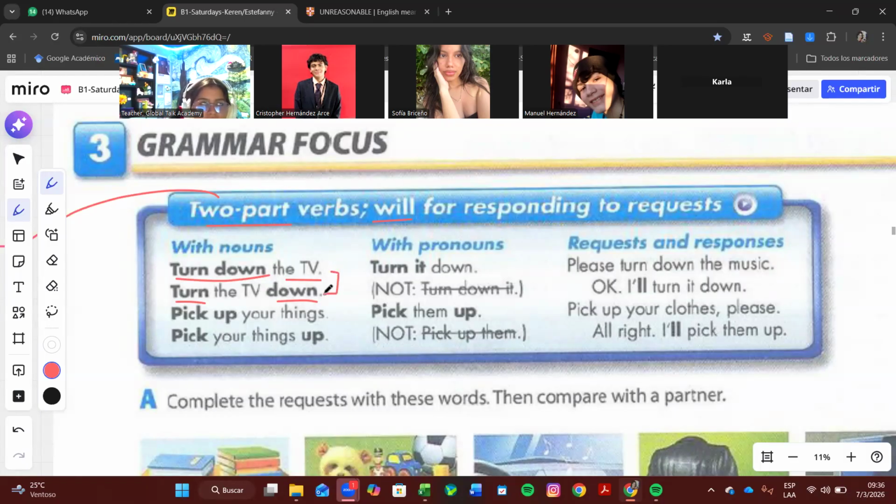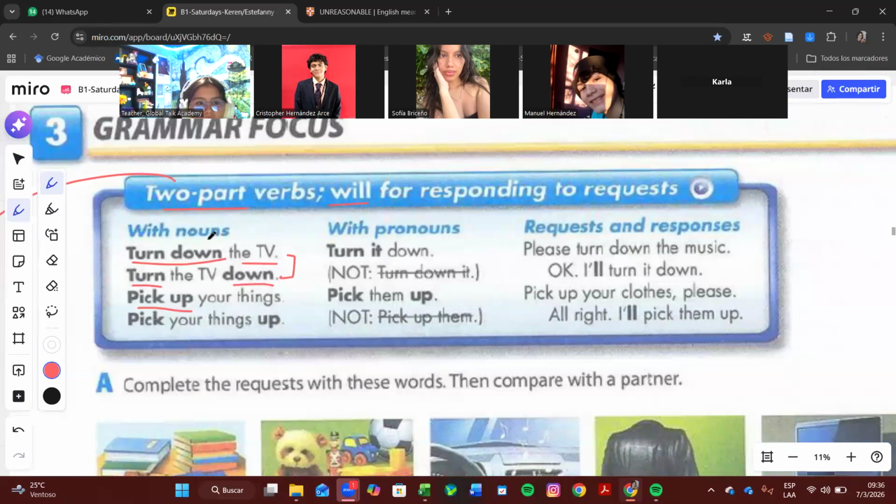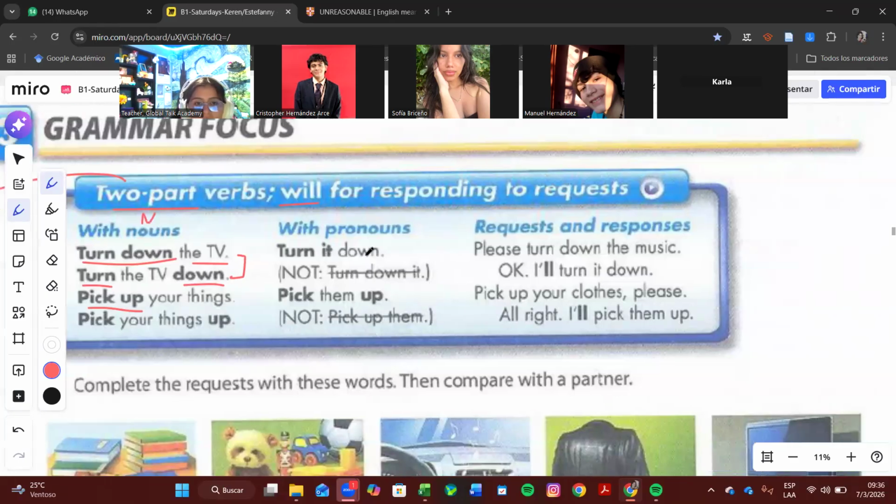It's just arranging it differently. Turn the TV down or turn down the TV, right? Then we have pick up your things. As I mentioned before, pick up is like recoger. Pick up your things. Pick your things up. Then we have these with nouns, right? Nouns. Then we have pronouns.